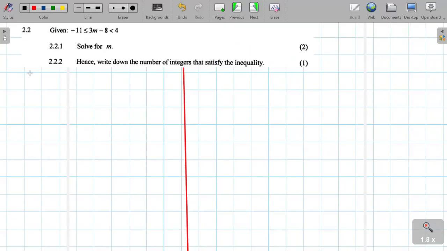Inequality. All right, let me give you a quick note on inequality.